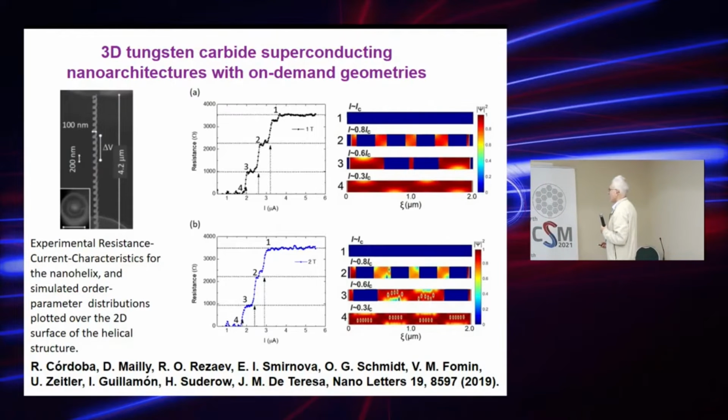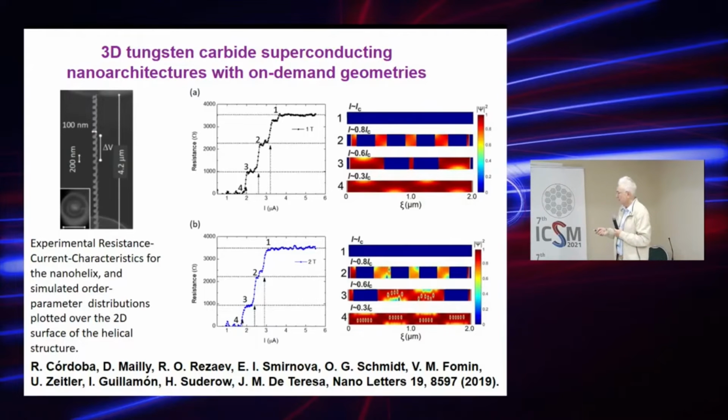But then, at a certain value of this transport current, in some of the half windings, I emphasize some, not everywhere, phase slips occur. Those which we were looking at in nanotubes. Phase slips are related to suppression of superconductivity.